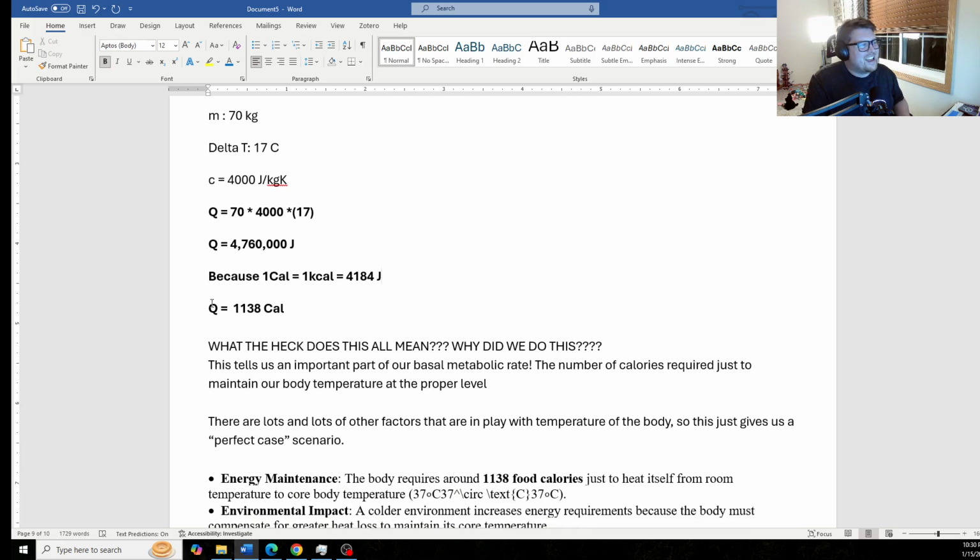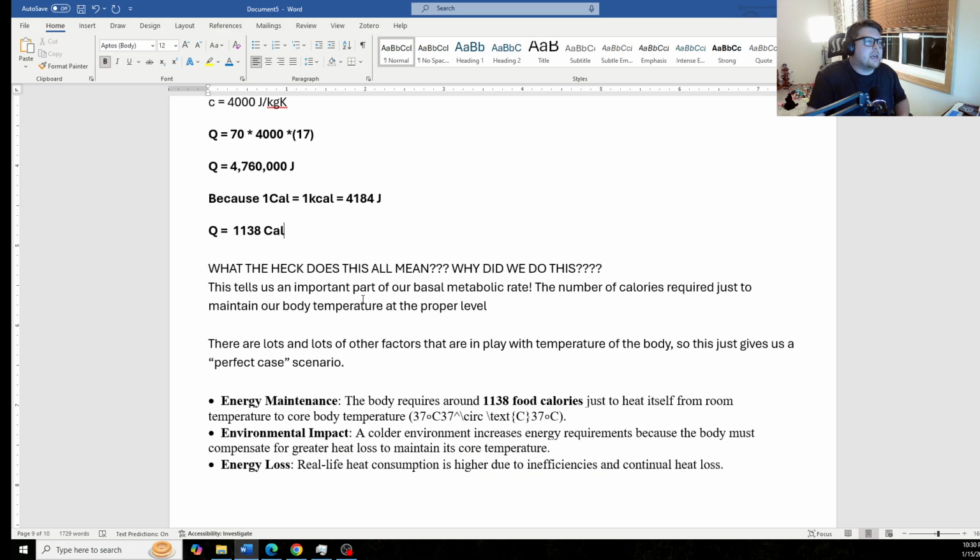So, anyways, Q is equal to 1,138 calories, big C calories. So, what does this all mean? This tells us essentially, this is part of our basal metabolic rate. This is the thermal portion of our basal metabolic rate.